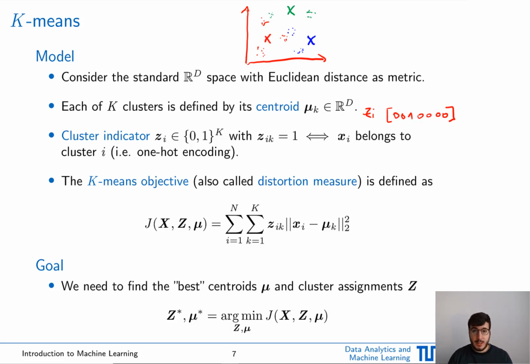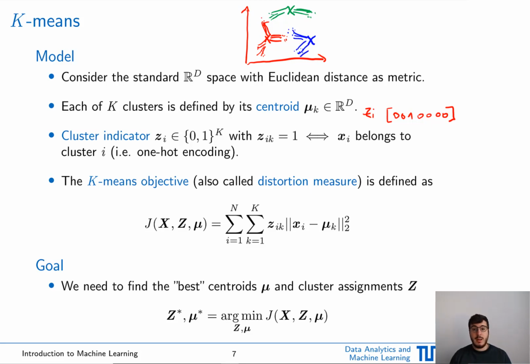What the objective function does is it takes all of the points in the red cluster and computes the distance to the red centroid, all of the points in the blue cluster, the distance to the blue centroid, and so on. From all of the green points, we compute the distance to the green centroid, and from all of the blue points, the distance to the blue centroid.